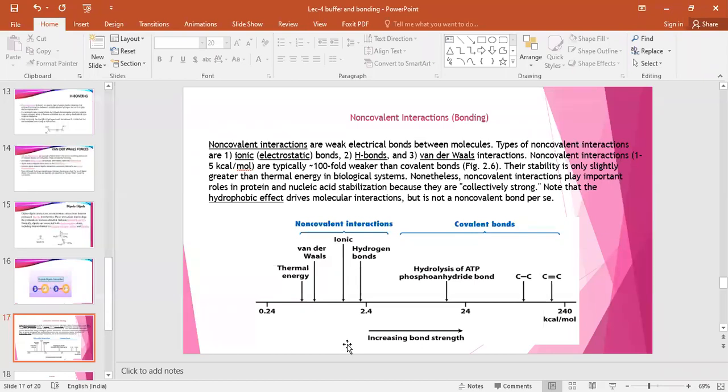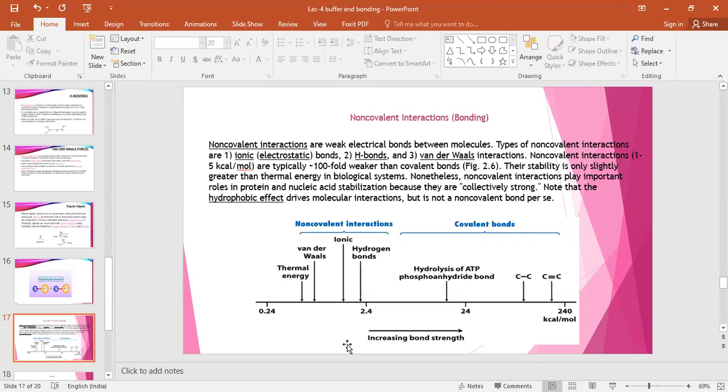So bond strength is more in a covalent bond, meaning you cannot break a covalent bond easily. But for the non-covalent bond, the bond strength is very low, 0.24 to 2.4 kilocalories per mole. This much is the strength of non-covalent interactions.